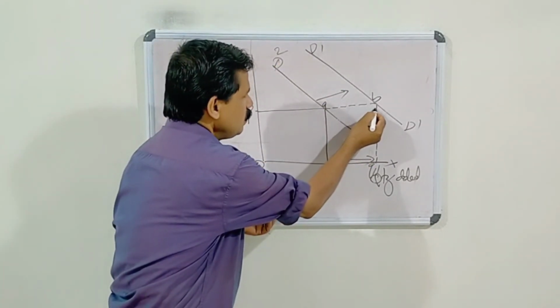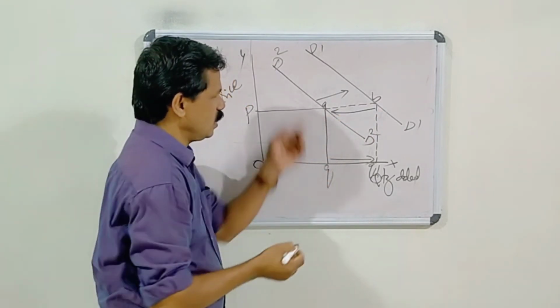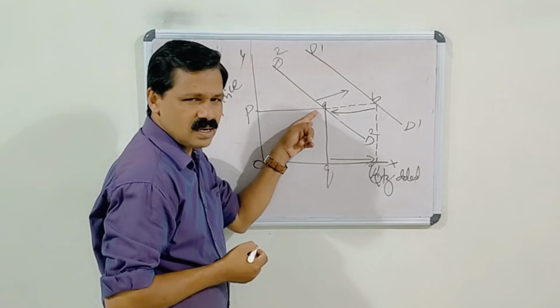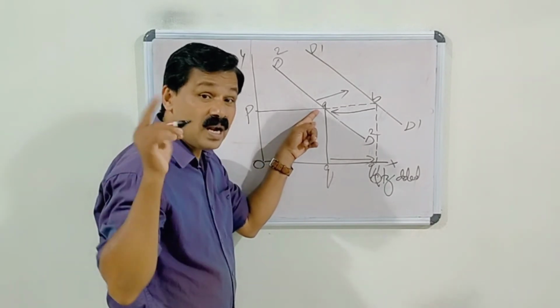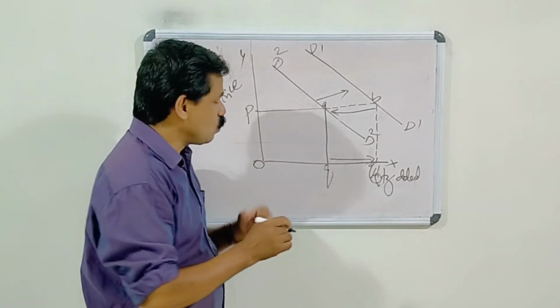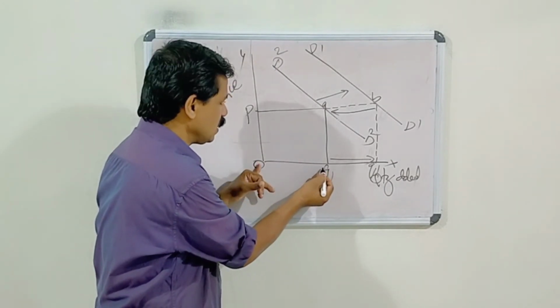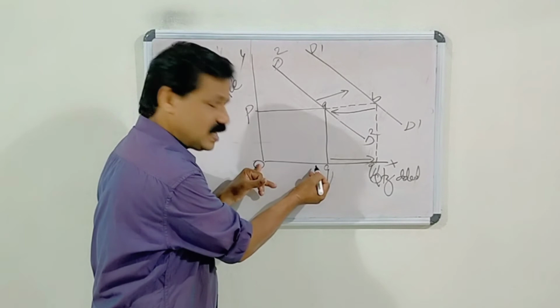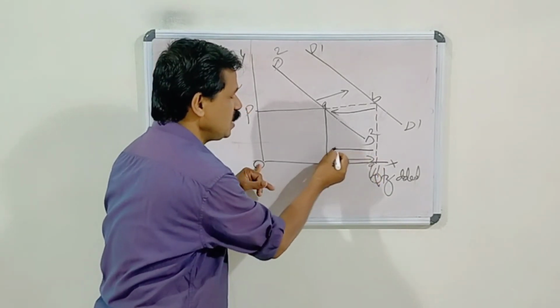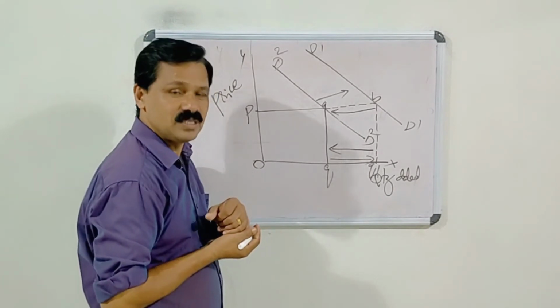Here the demand curve shifts backward from D1D1 to D2D2. And due to the unfavorable conditions of the non-price factors, the quantity demanded at present is OQ rather than OQ1. This much decremental change can be seen.